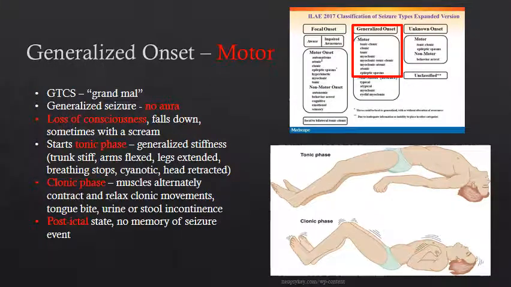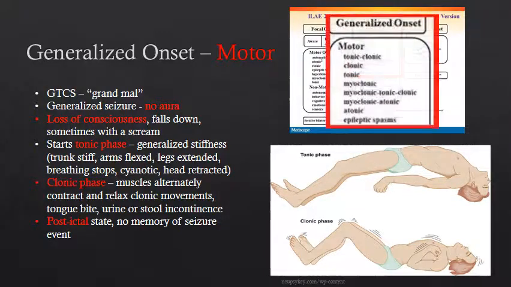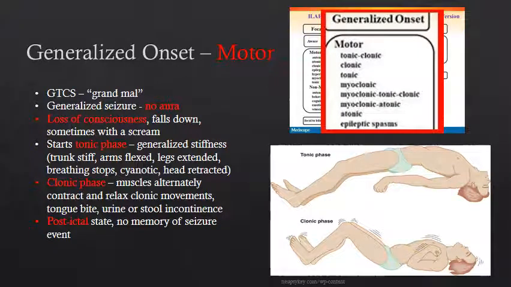Finally, we have generalized onset, motor presentation. We previously went over the different types of motor presentations, but as you know, the most common type of seizure we see is the generalized tonic-clonic type. This was previously called the grand mal seizure.